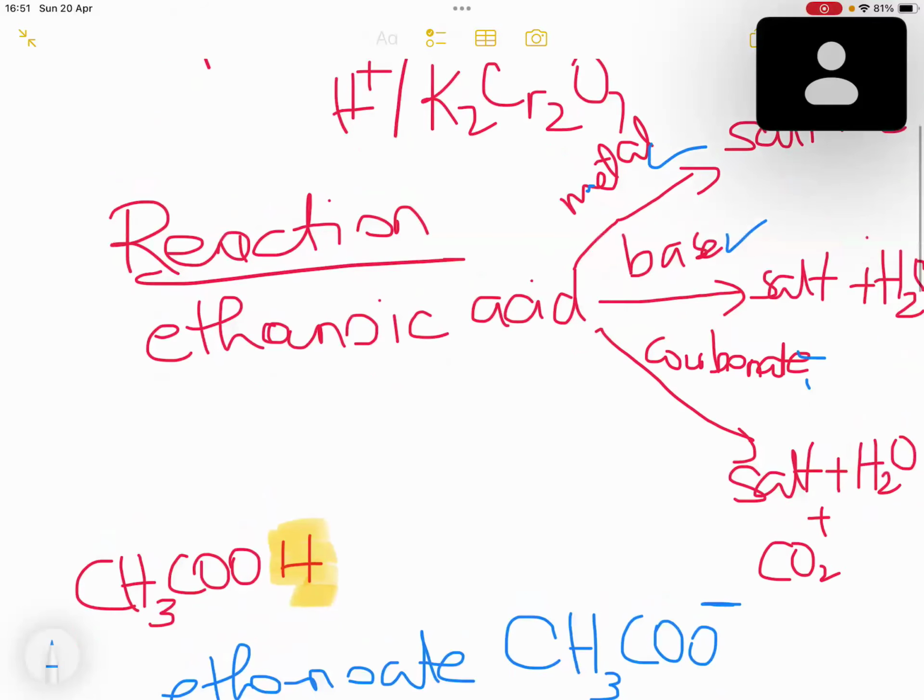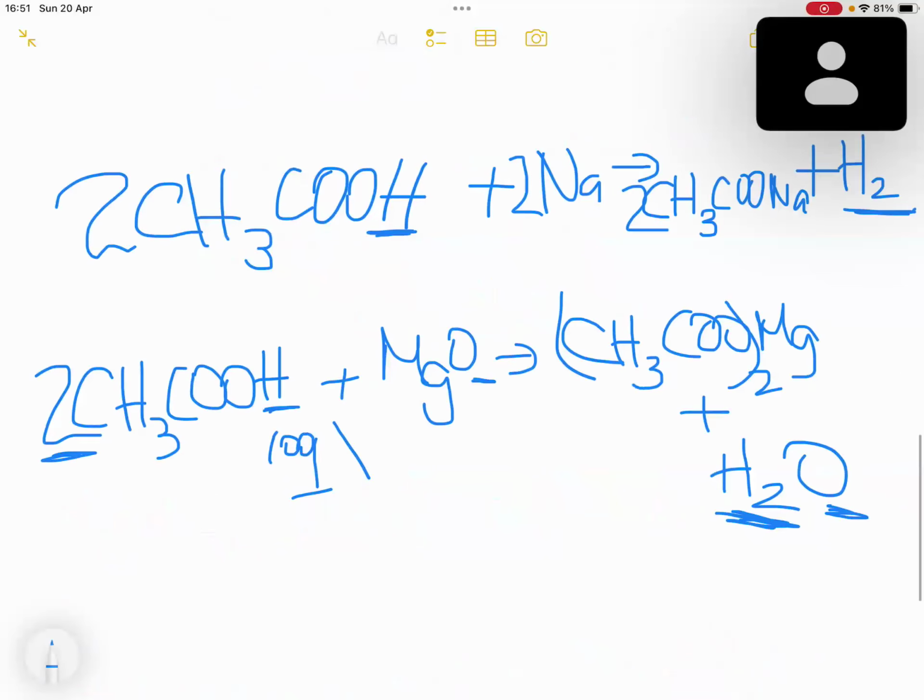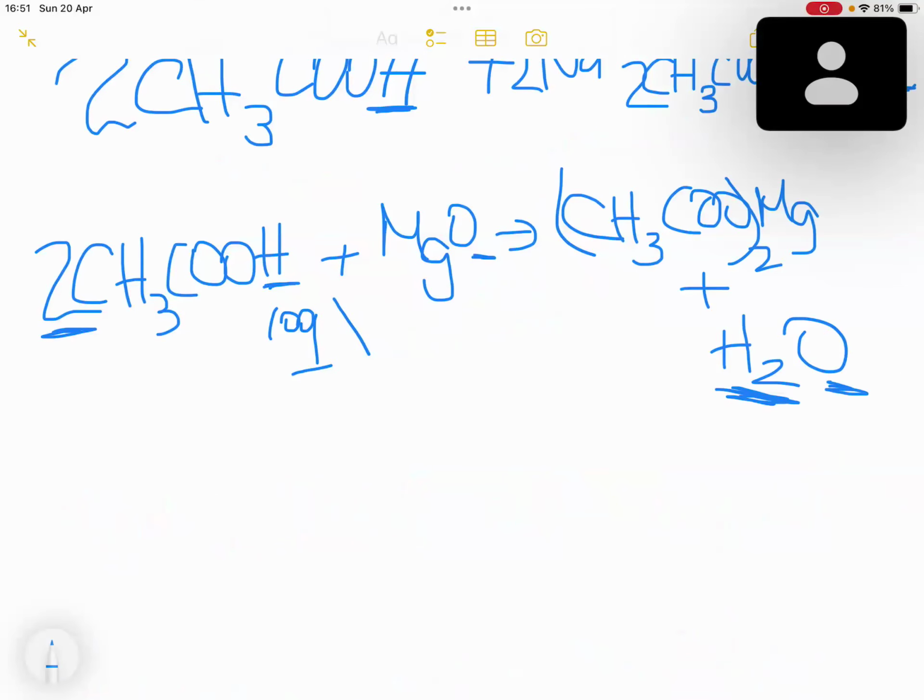So here I've done one with a metal, one with a base. So we need to do one with a carbonate. So we're going to use calcium carbonate. Ethanoic acid plus calcium carbonate.